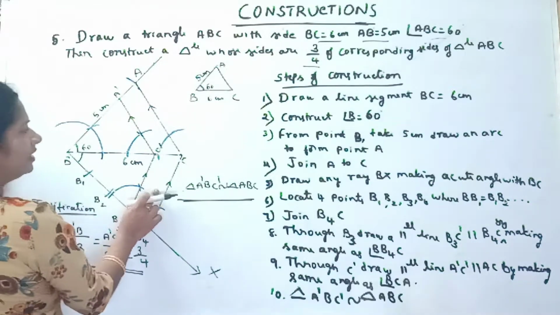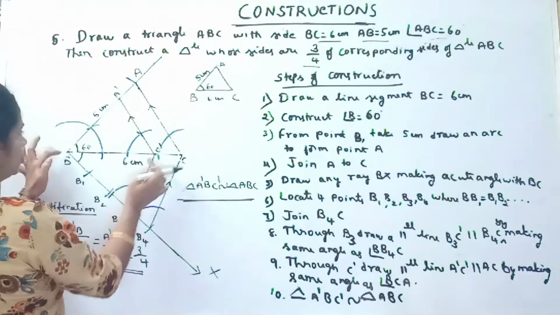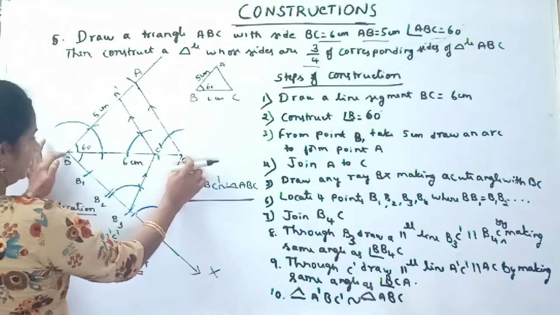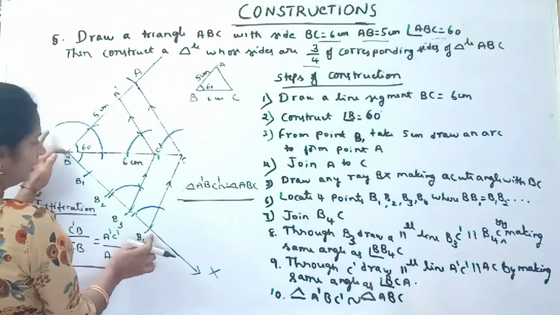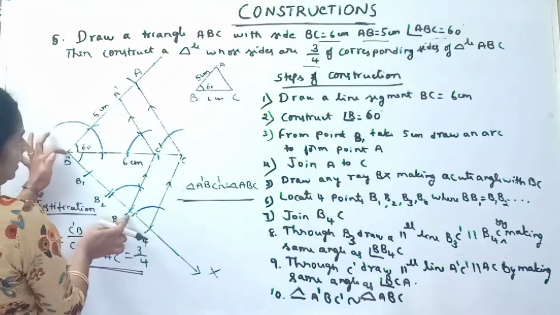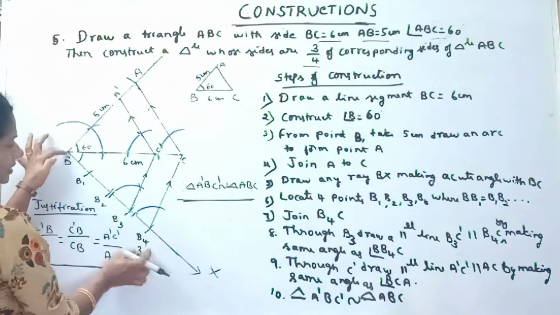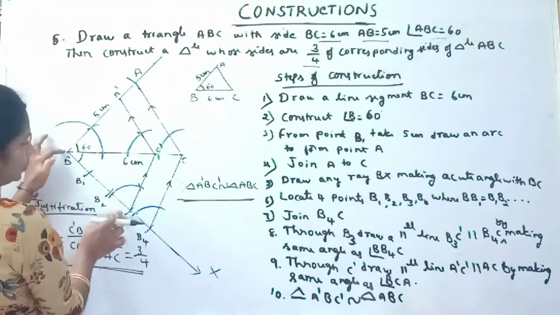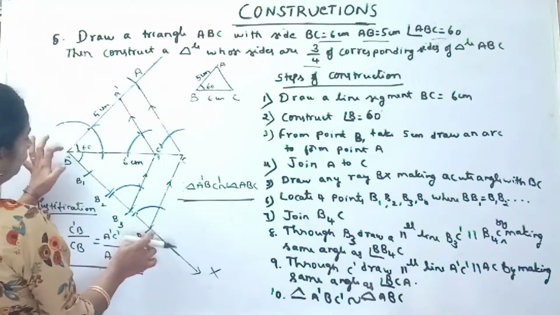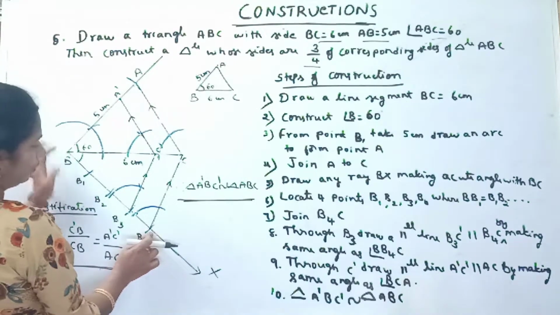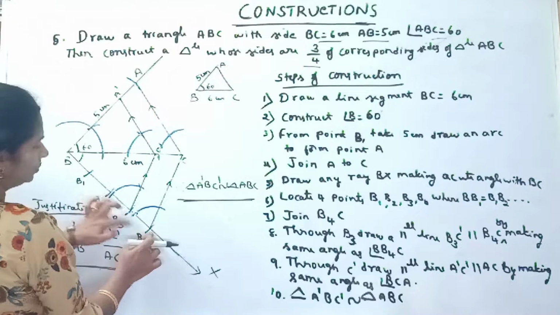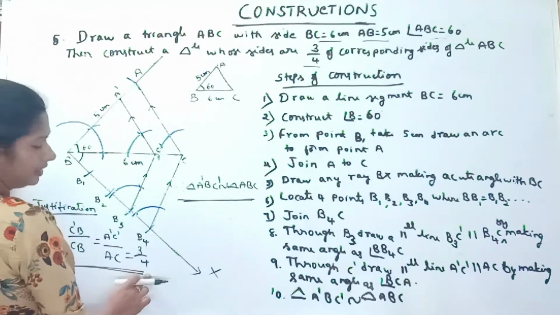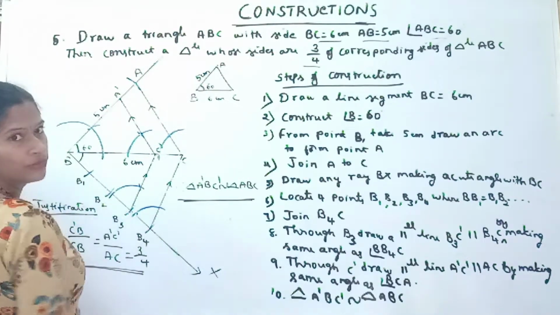If they are similar, then their corresponding sides are in proportion. B C dash by BC equal to BB3 by BB4. What is the ratio? BB3 is 3 units: 1, 2, 3. BB4, from B to B4, how many units? 1, 2, 3, 4. So let us write 3 by 4.